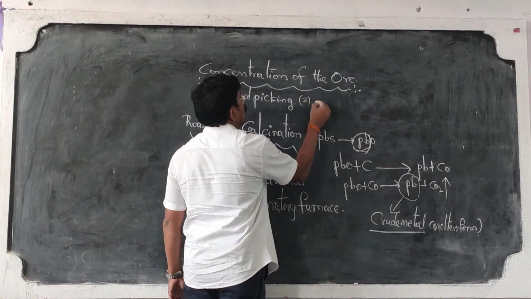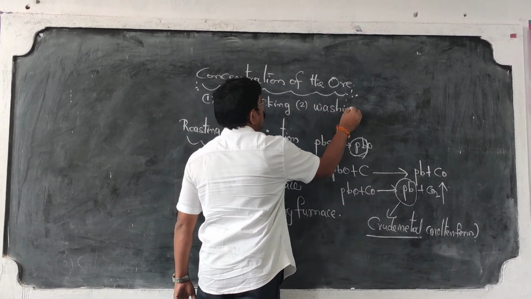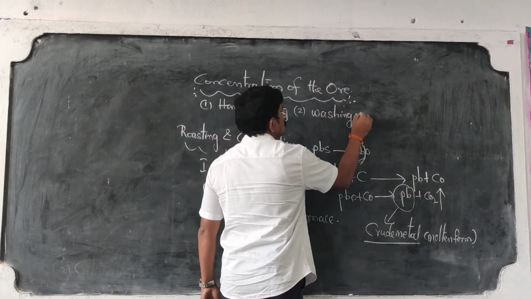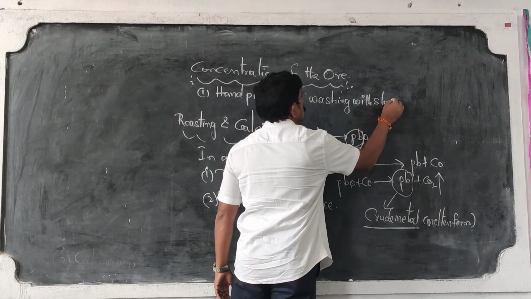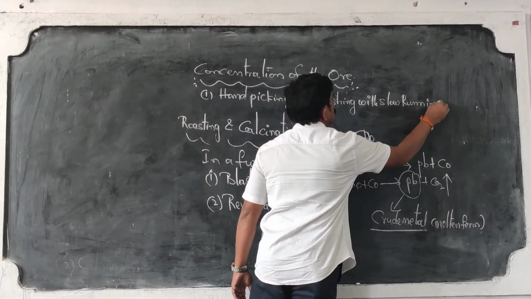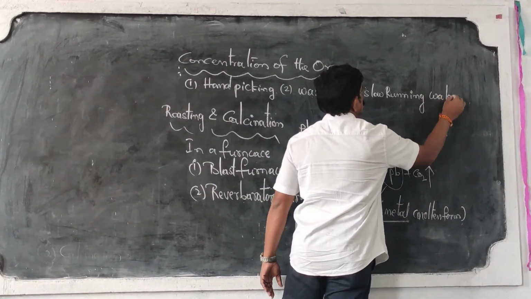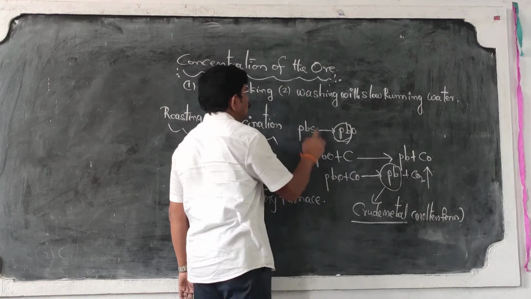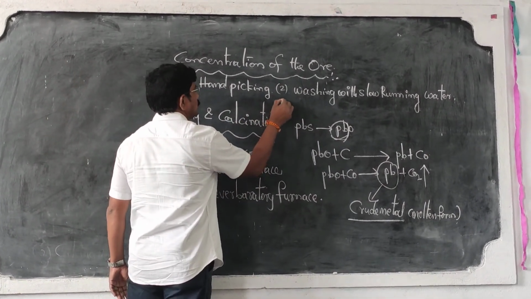Second one, washing with slow running water. This is also known as gravity separation.